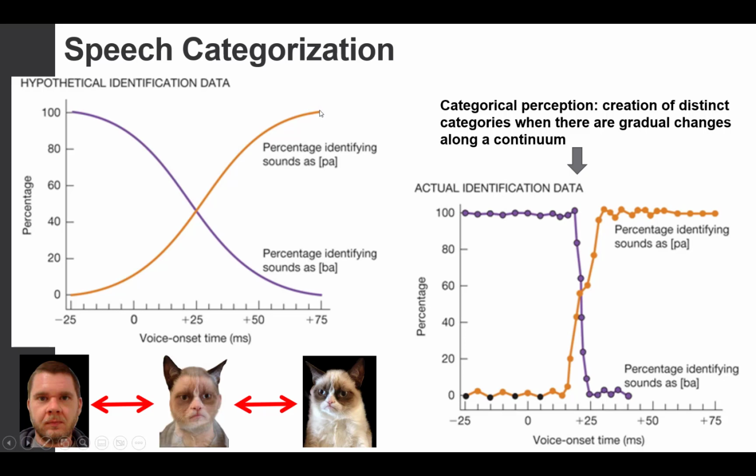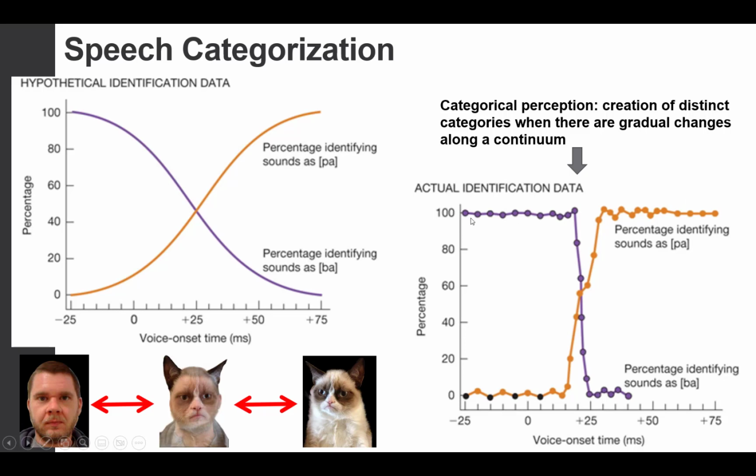And what we would expect is the perception of the phonemes ba and pa should be similar to how people would perceive the differences between me and Grumpy Cat. That we should have these nice, smooth transitional curves between ba and pa. However, what we actually find is that that's not the case.